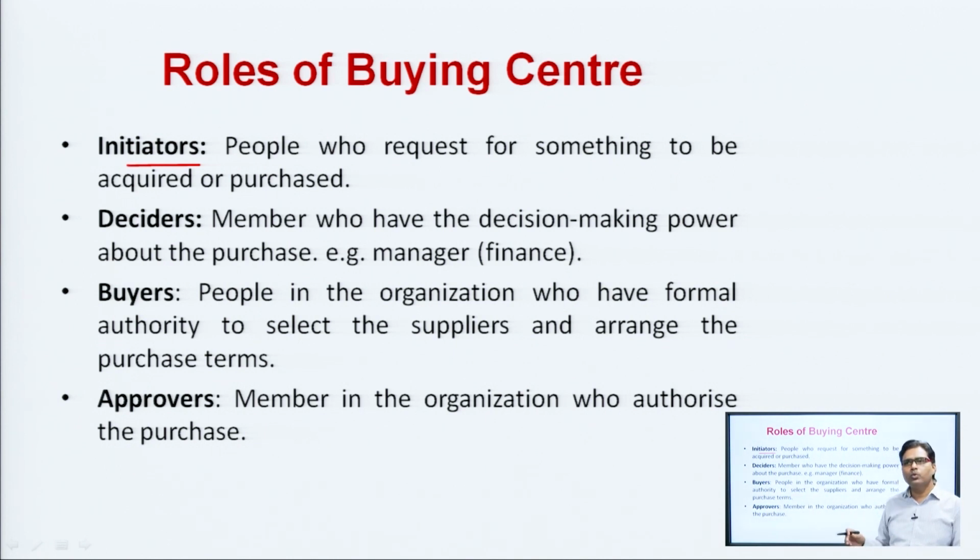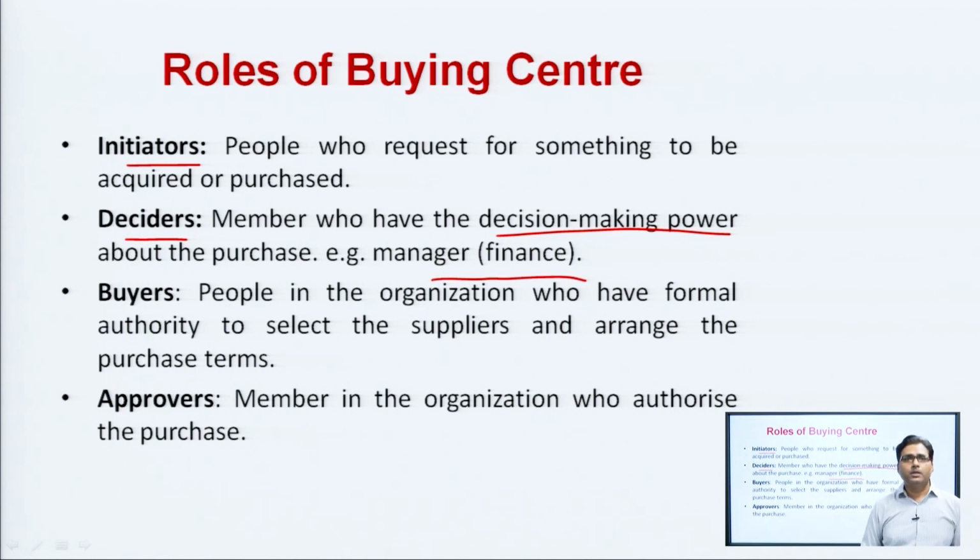It is the person who is directly associated with the buying process. Second is the decider. The decider is the member who has the decision making power, the person who will make the final decision about the buying of certain goods or services. Typically it is the finance manager.